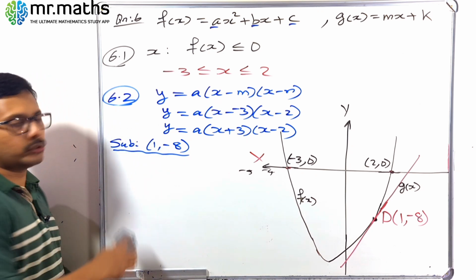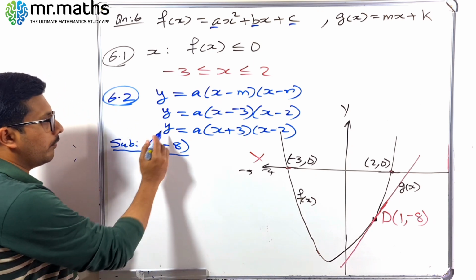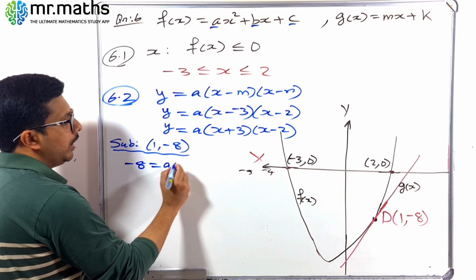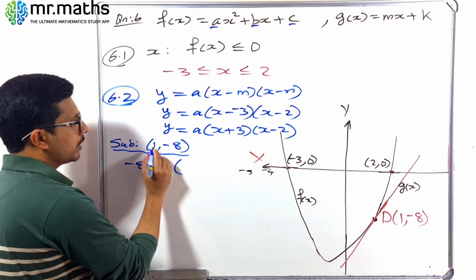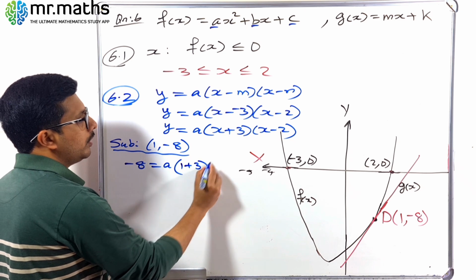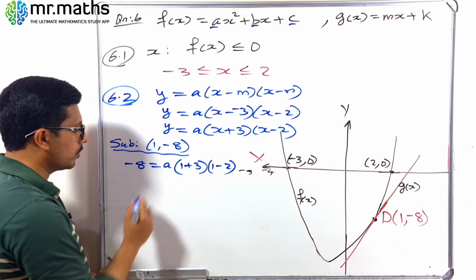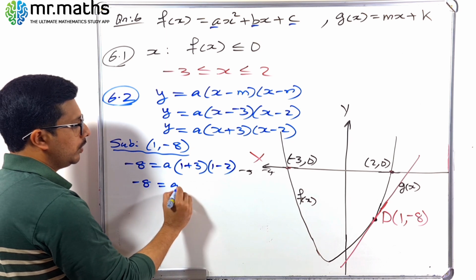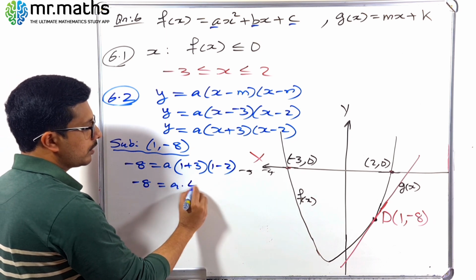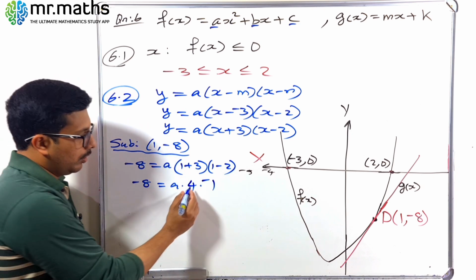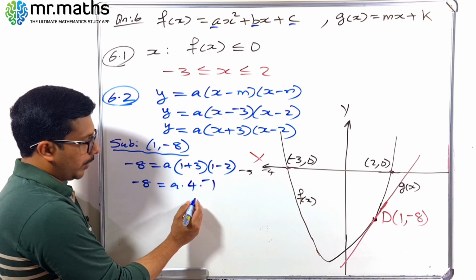So minus 8 is equal to a into x plus 3, x is 1, so 1 plus 3, into x minus 2, 1 minus 2. So minus 8 is equal to a into 1 plus 3 is 4, into 1 minus 2 is minus 1. 4 into minus 1 is minus 4.